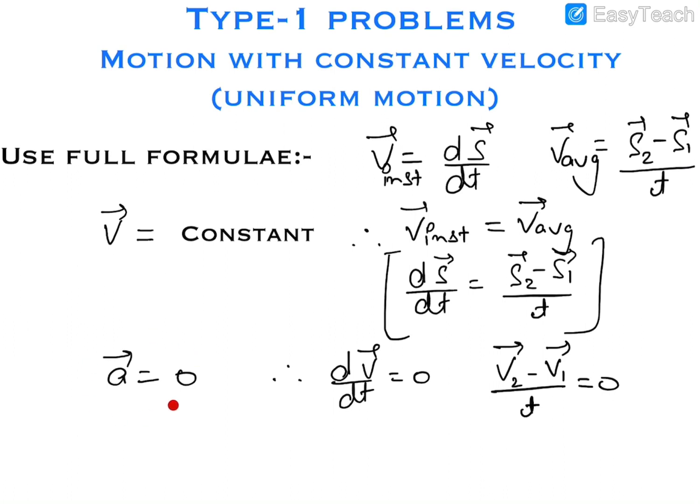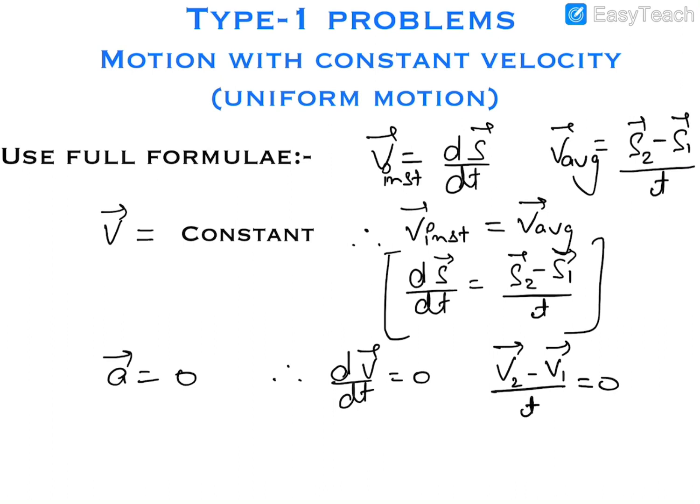And when velocity is constant, then acceleration is 0, which by default means that dv by dt is 0, and the rate of change of velocity is 0, which means that velocity is constant. And obviously then average acceleration would also be 0.